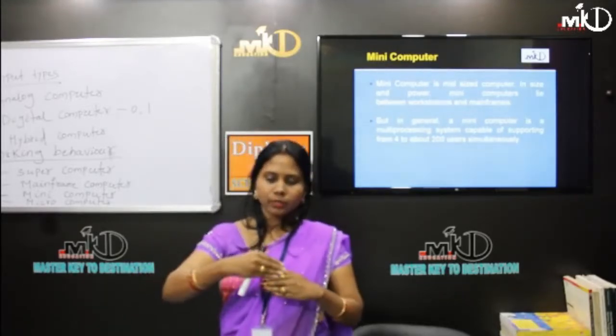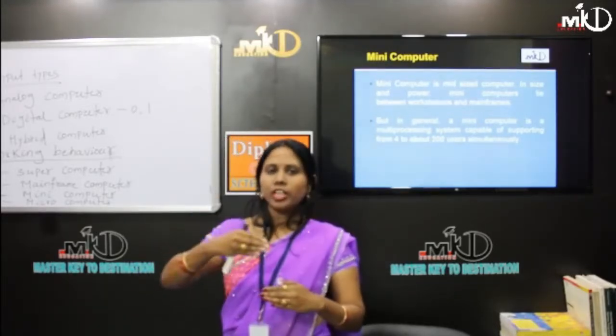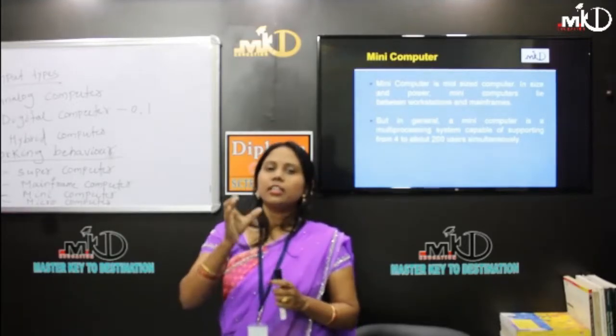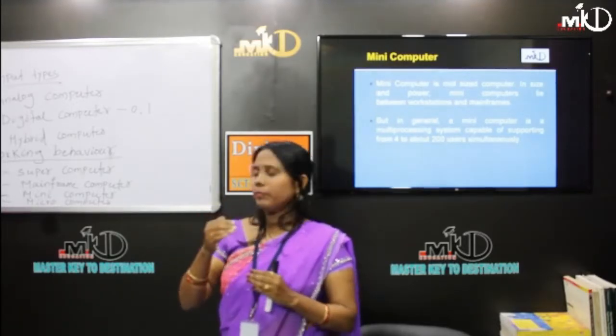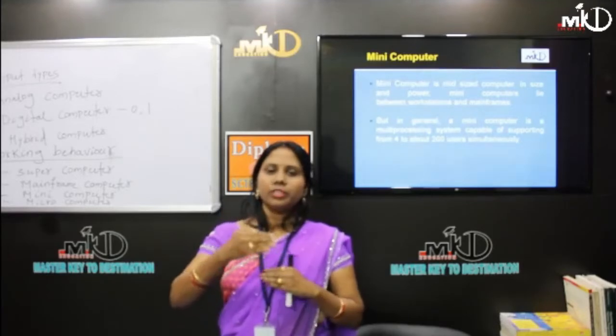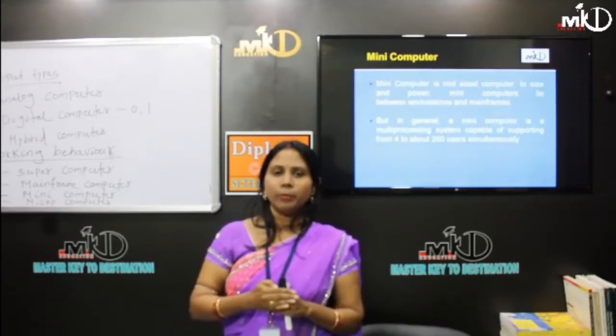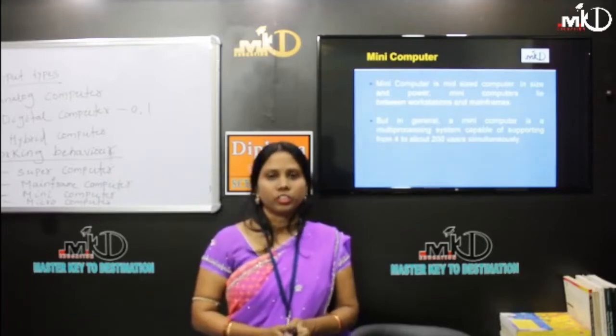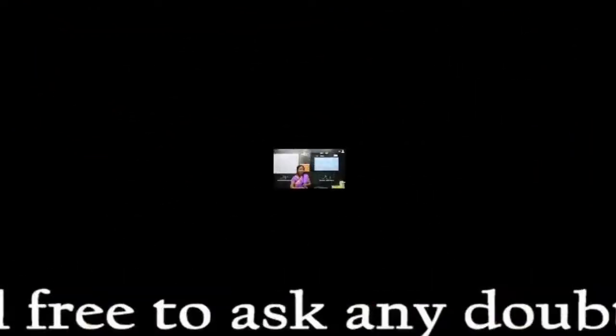That's why it lies between the mainframe and the workstation. Compared to the mainframe, its size is lesser. That's why it holds the mid position. So this is all about mini computers.